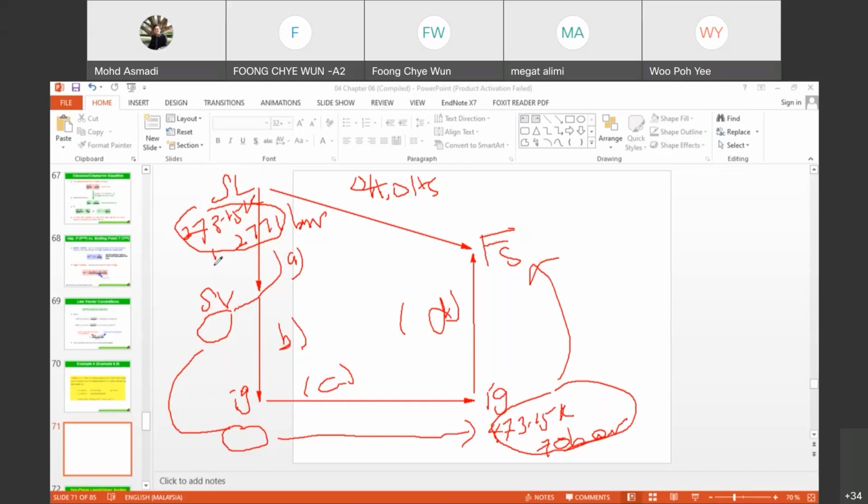Zuharni, what equation can you possibly use now for change in the phase? Because Azima said this is a latent heat. Any idea? Chapter 4, just now also already mentioned.